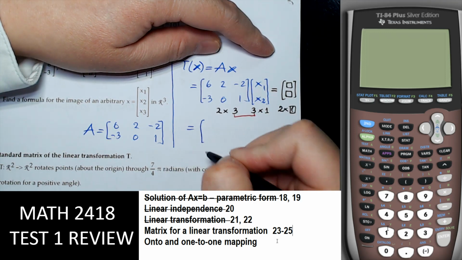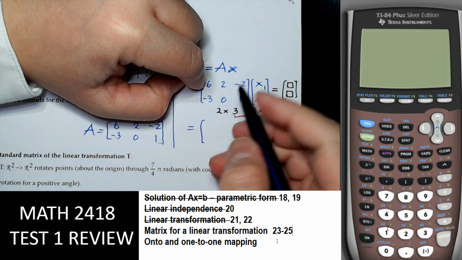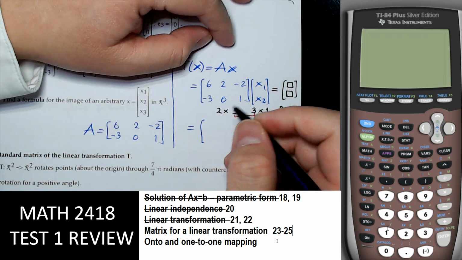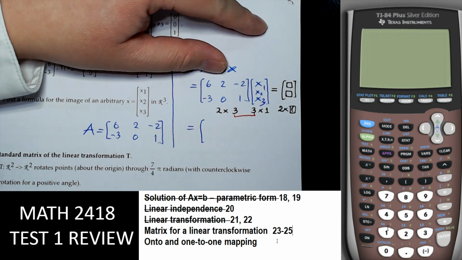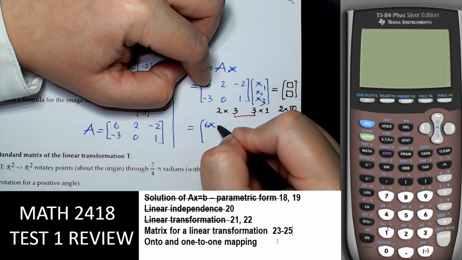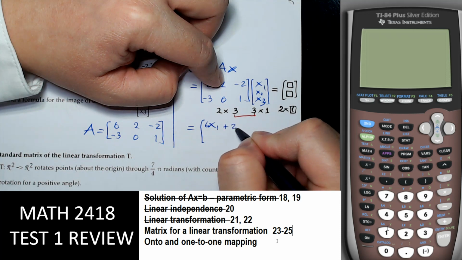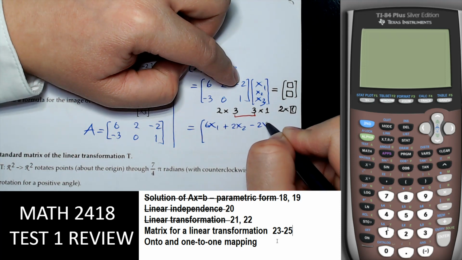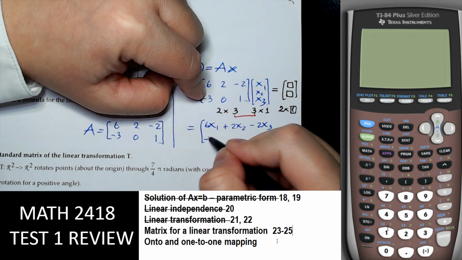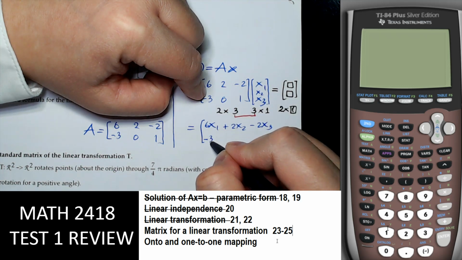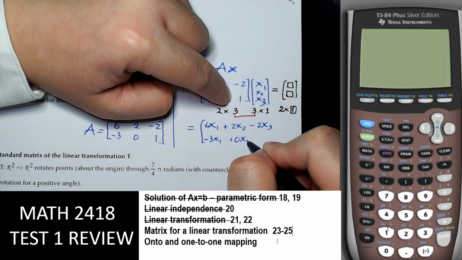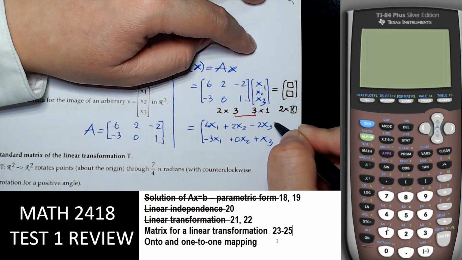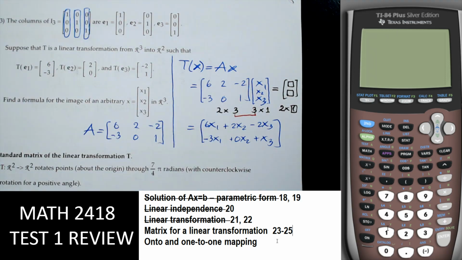If we multiply it, it will be 6x1, 2x2 minus 2x3, and then the second row negative 3x1, 0x2, and x3. So we just multiply the matrices, and that will be just that.